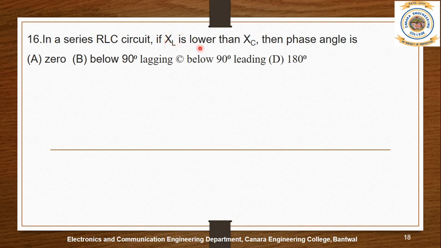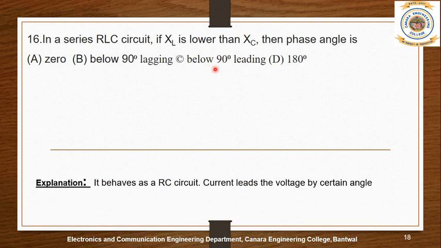So the reactance part is capacitive in nature. The capacitance effect is leading, so the phase angle leads, but here it is not a pure capacitor, it is R plus XC. So in case of R plus XC, it leads but below 90 degree. So option C is the correct answer.